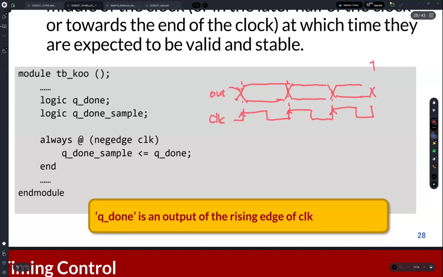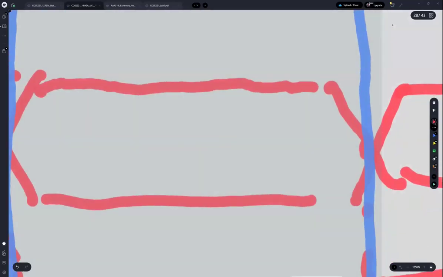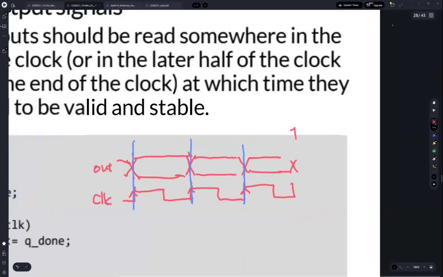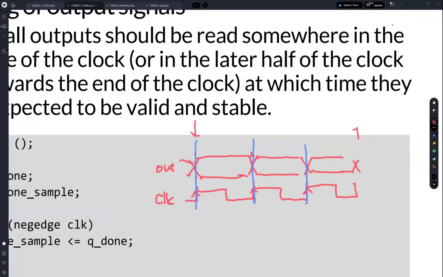Right? So you can find the rising edge of the clock here, and in this example the output values are changing on the rising edge of the clock. So what's the problem?